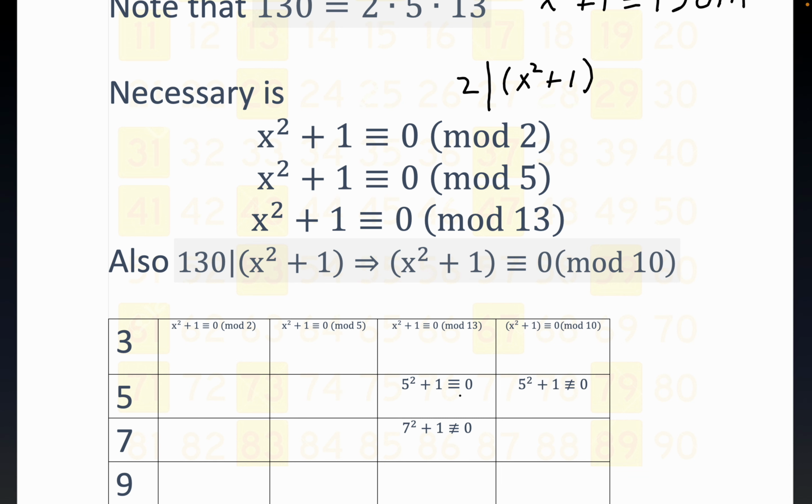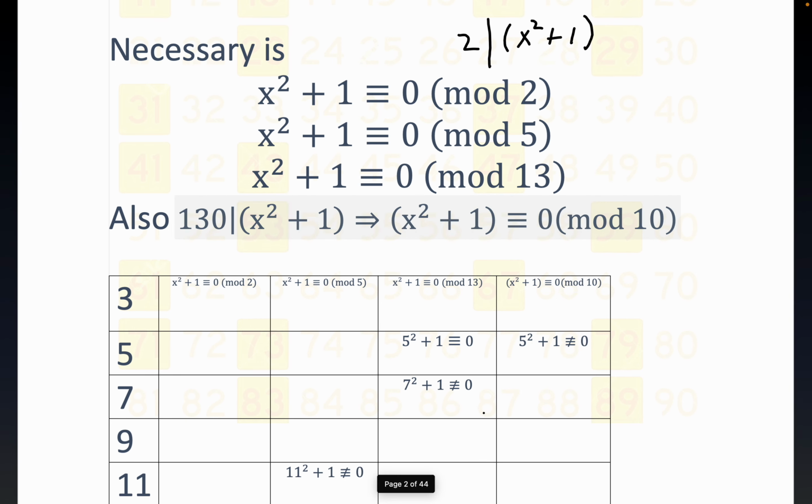Now 5 squared plus 1 is divisible by 13, but it does fail right here. It needs to end with 0 for it to be a candidate. In a similar fashion, 7 squared is 49 plus 1 is 50. That's certainly not divisible by 13, so we have to rule out 7.